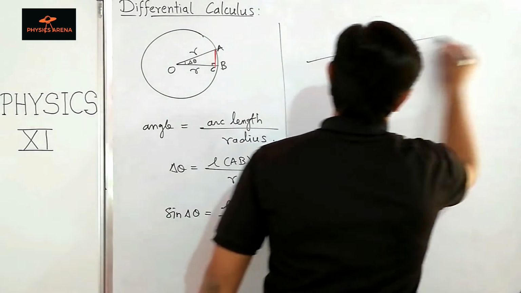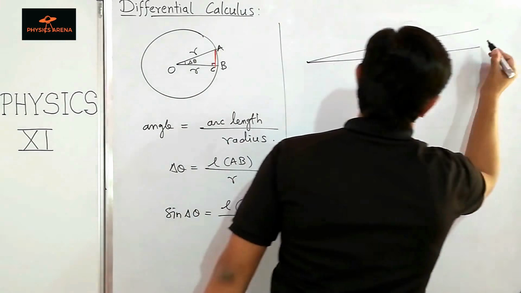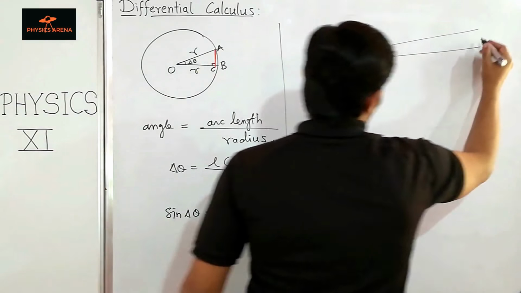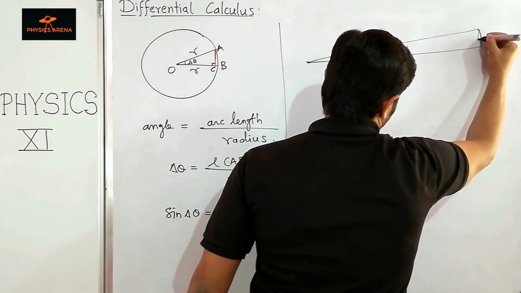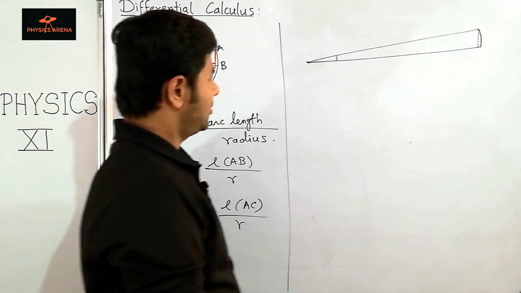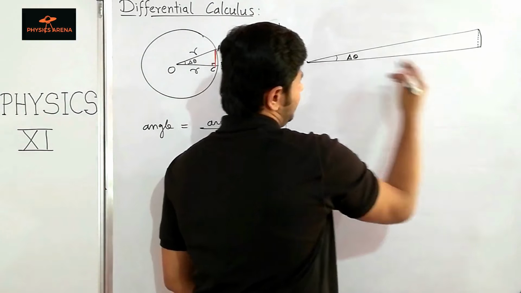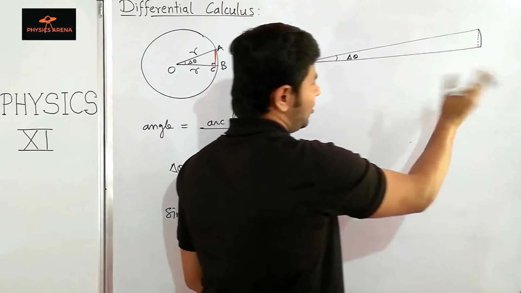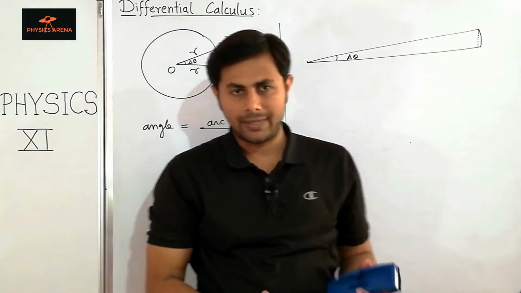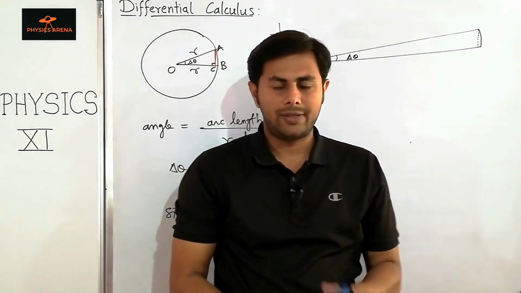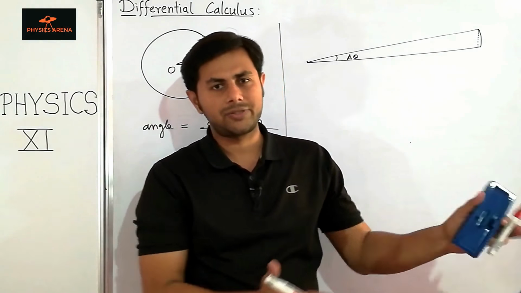You can see it here. Suppose this is the angle. So this is r, and this is the line. So this length and this length are almost identical, and this approximation will become better and better when we take that limit delta theta tends to 0.